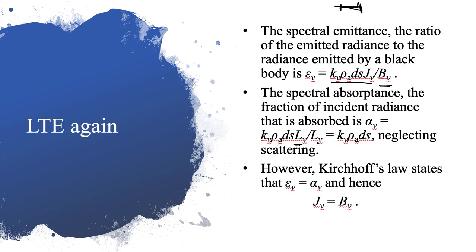Notice that L nu and L nu here simplify. So the absorptance is simply K nu times rho A times ds, and it doesn't depend on the spectral radiance. At local equilibrium, by Kirchhoff's law, the spectral emittance and the spectral absorptance have to be the same. And if you equate epsilon with alpha, then all these terms simplify, and what you're left with is that the source function has to be the Planck function.